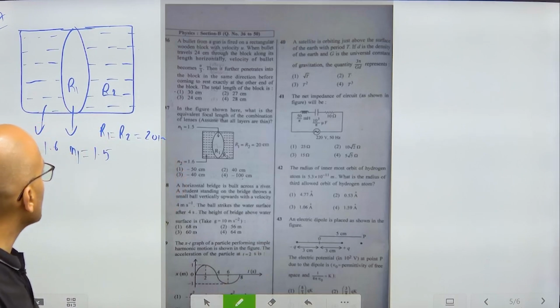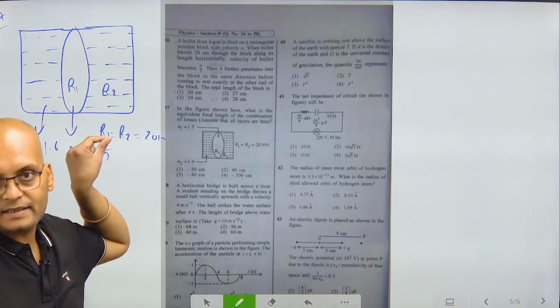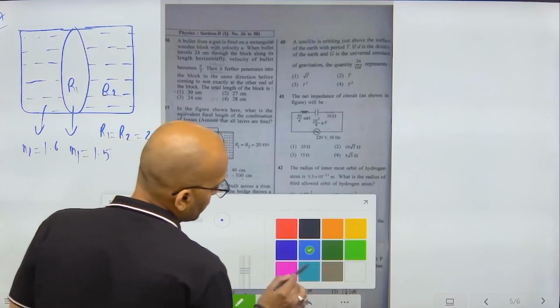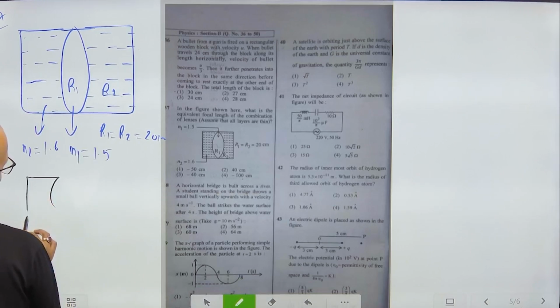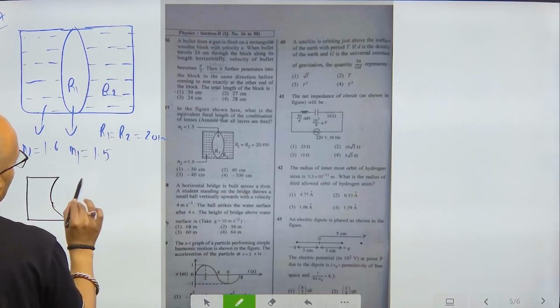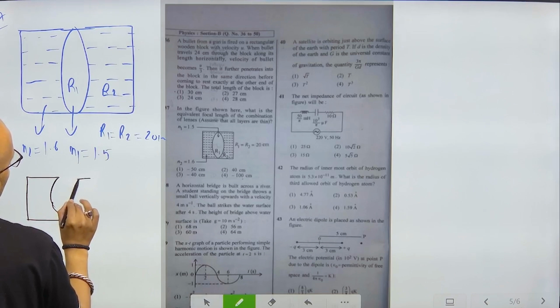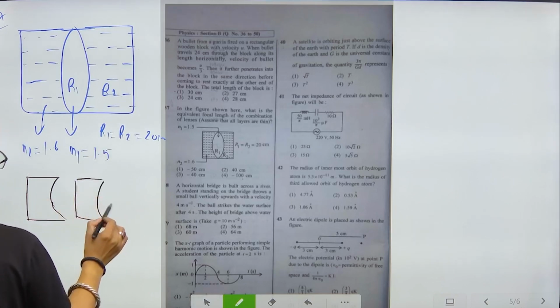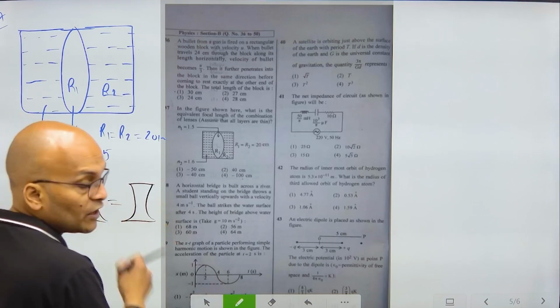Now pay attention, guys. This is your one equiconvex lens. Yes or no? And what are these? Look here. These are two plano-concave lenses. Yes or no? Plano-concave. Combination of two plano-concave will give you a biconcave or equiconcave lens.